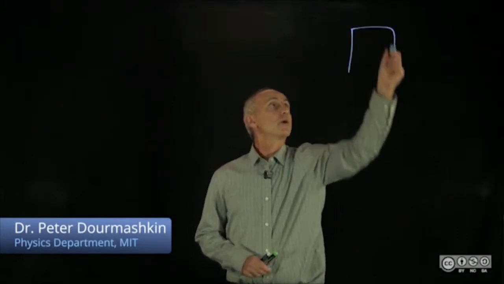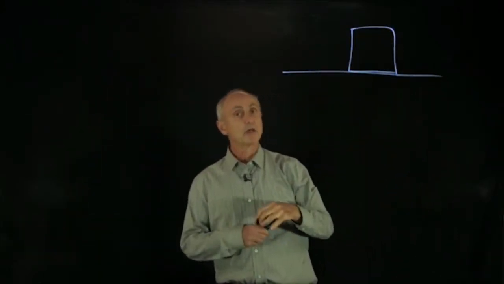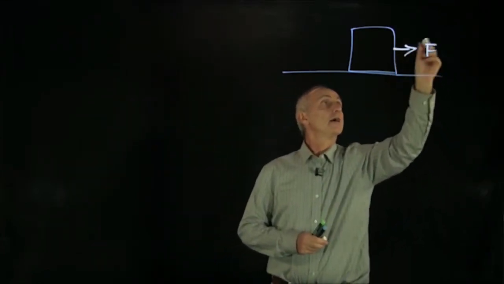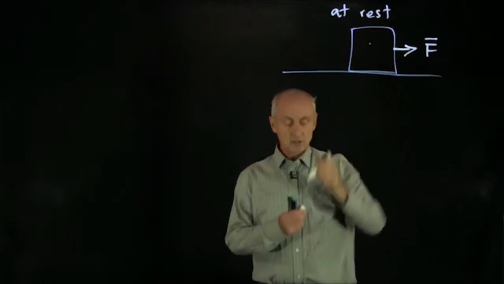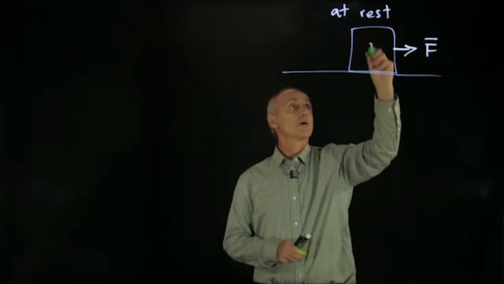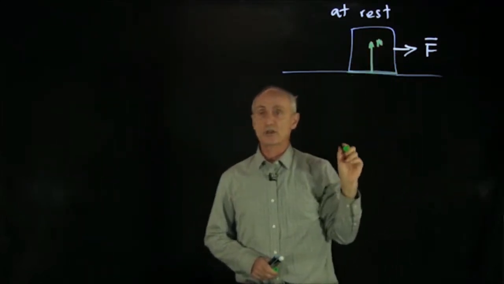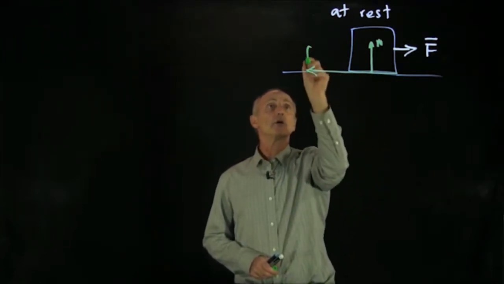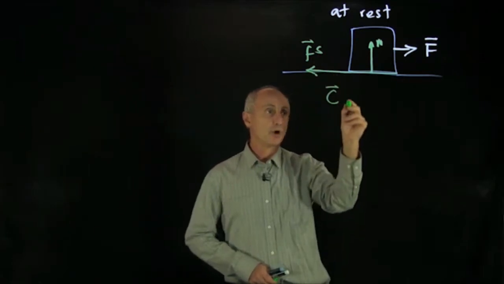We considered the case where an object is moving along the surface, but now let's consider what happens if we apply a force F here and the object stays at rest. Well, we still have the normal force distributed over the surface, but now because the object is at rest, the contact force now is what we call static friction, the tangential part of that.